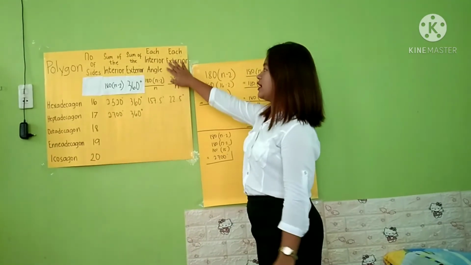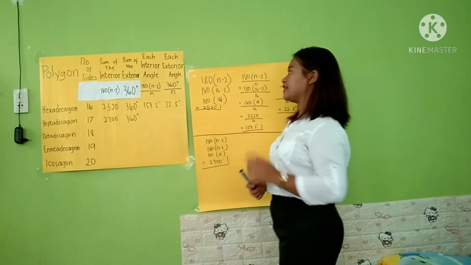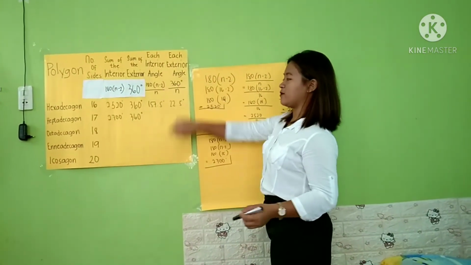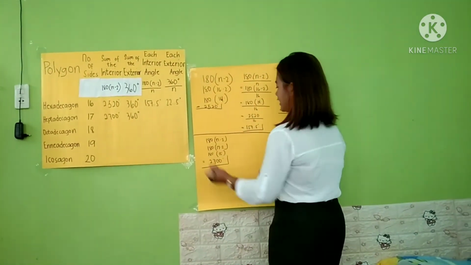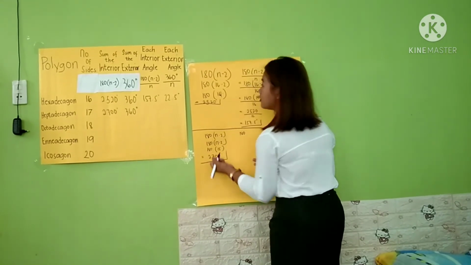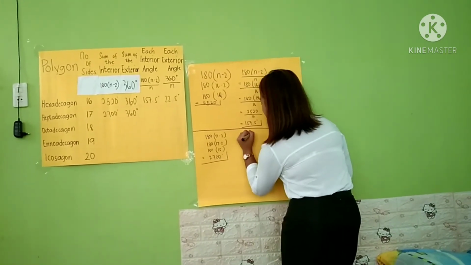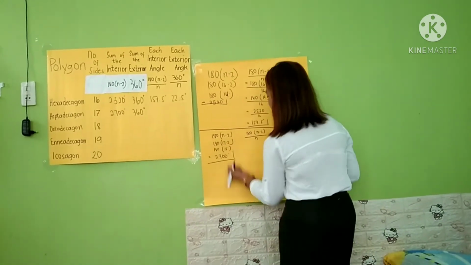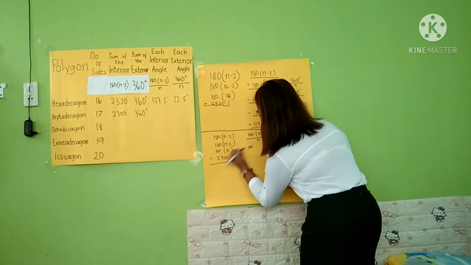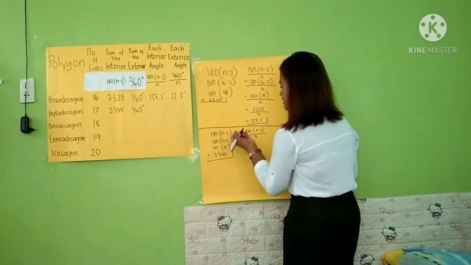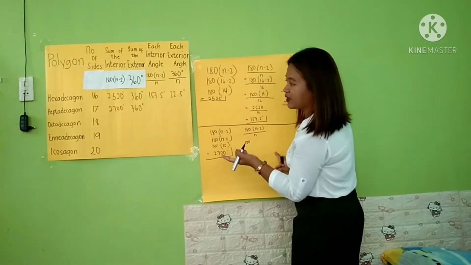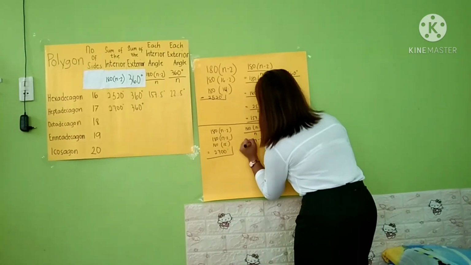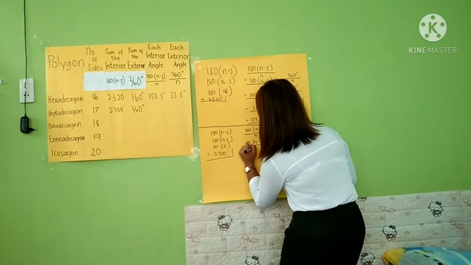To compute each interior angle, here is the formula: 180(n - 2) divided by n. n is 17 sides. 17 minus 2 all over n, which is also 17.